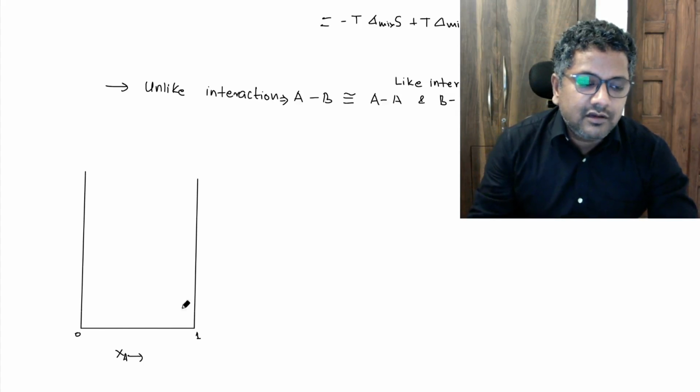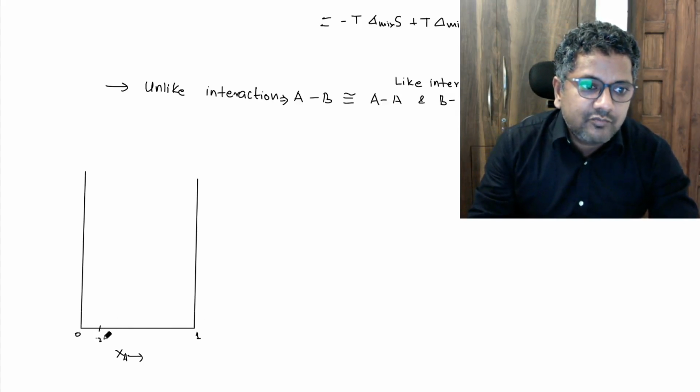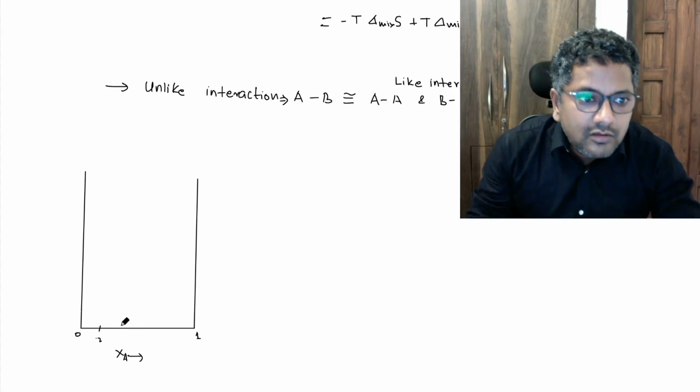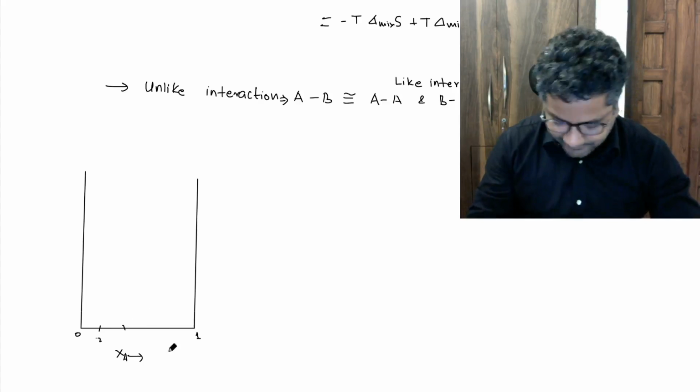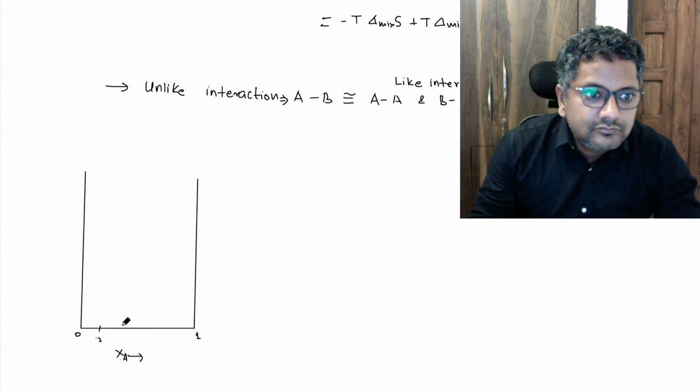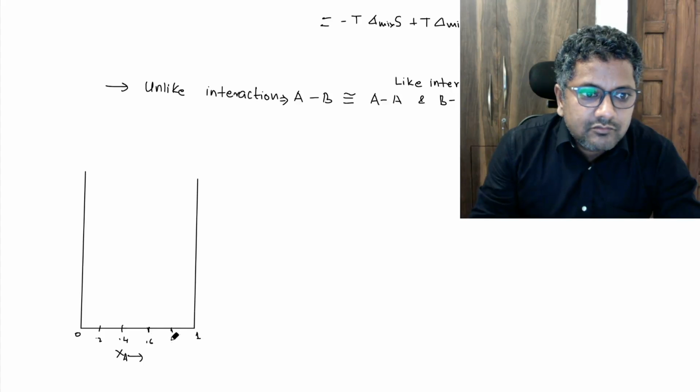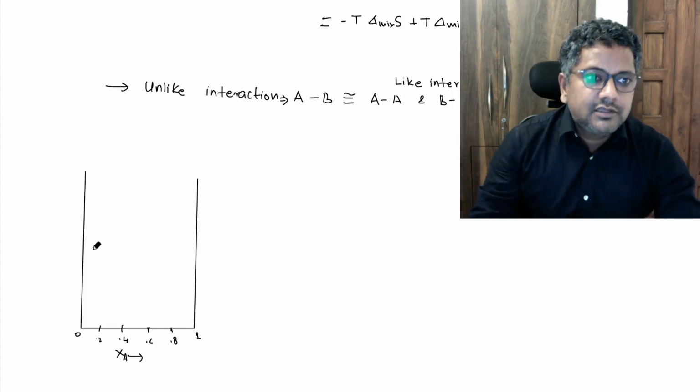B will also vary in the same manner: 0.2, 0.4, 0.6, 0.8.